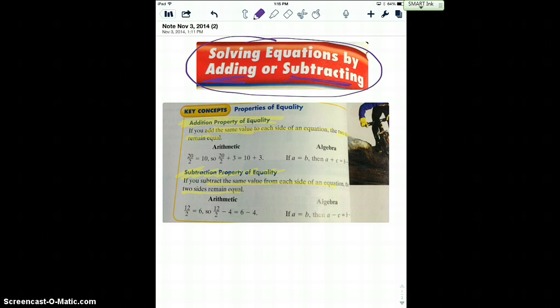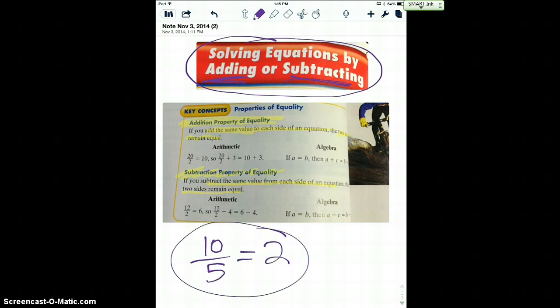So let's say I have the equation 10 divided by 5. What is that equal to? That's equal to 2. So this is a true equation. Now if we take this true equation and we add the same value to each side of the equation, it should still remain true.